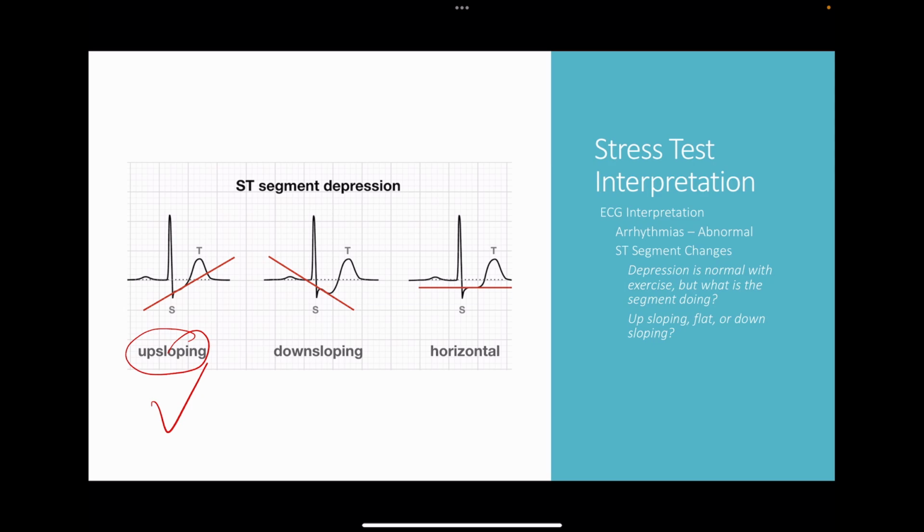If you see downsloping ST segments or horizontal ST segment depression, that is clinical ischemia, whereas upsloping is just due to a fast heart rate. It's not pathological for anything. So upsloping is okay, downsloping is no, horizontal is no. You don't want to see these changes.